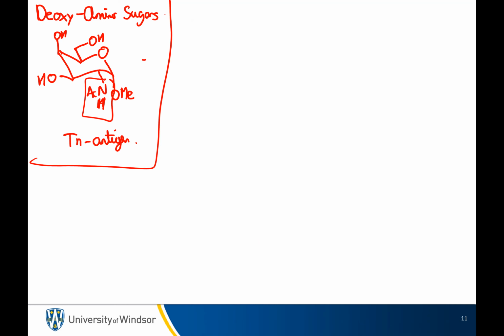What we need is a way to get nitrogen there, and we've got a few ways to do that. One, and I think the easiest, is from a glycal. Actually, there are a few different ways from a glycal. And Hazel knows all about one of them.